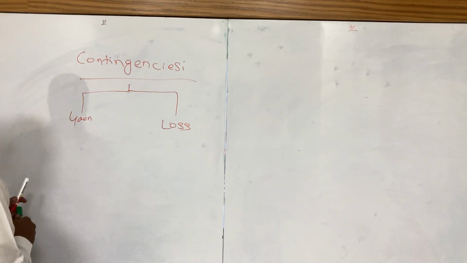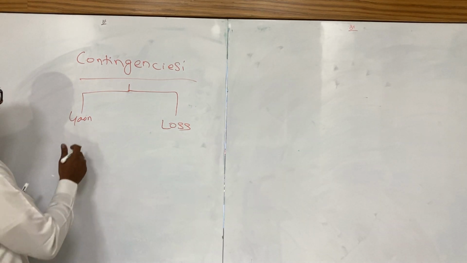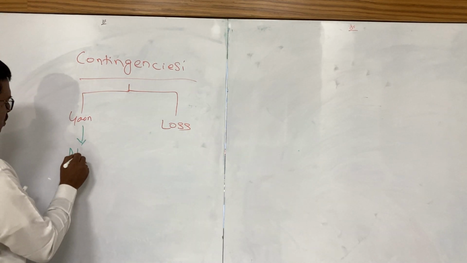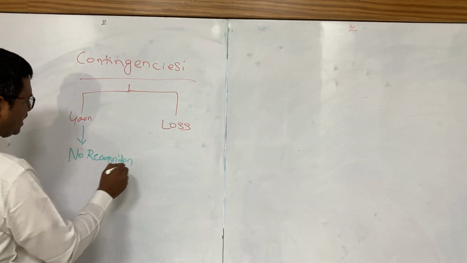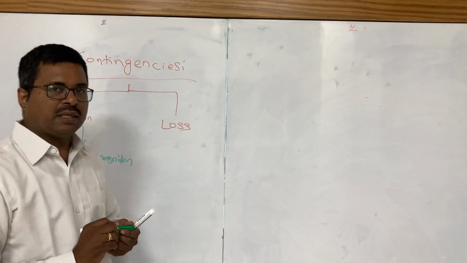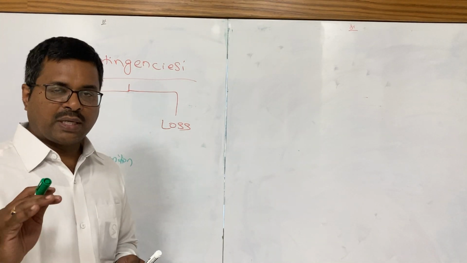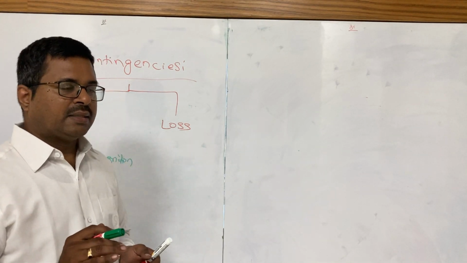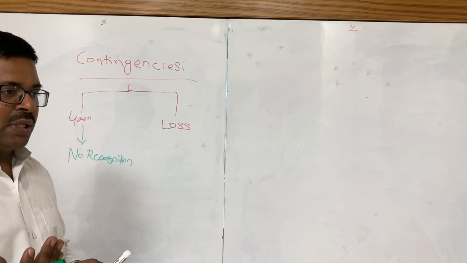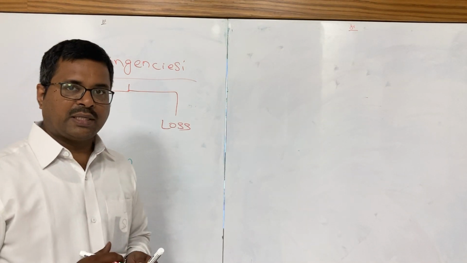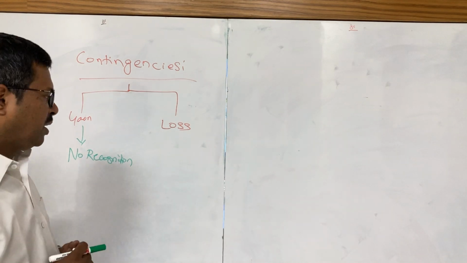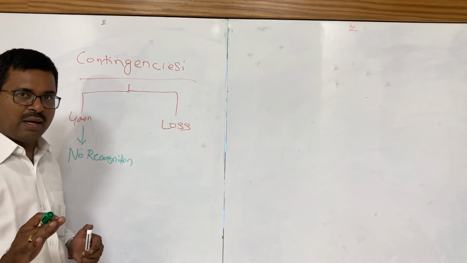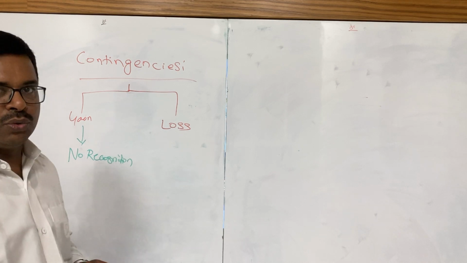So the standard says in case of contingent gain, no recognition. The reason being, if you recognize any contingent gain, in future you may not receive that gain and you will end up recognizing in the books as a gain. So that is the reason the standard says don't do anything.